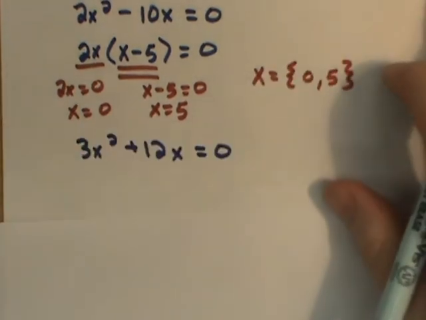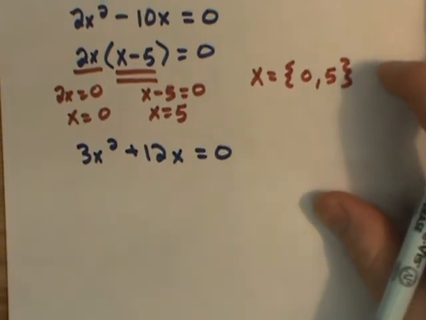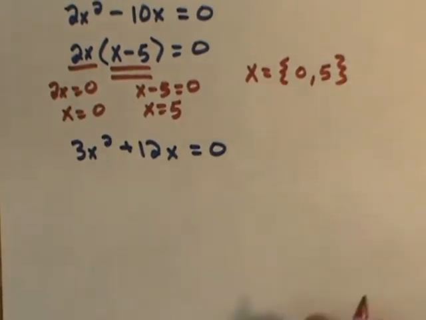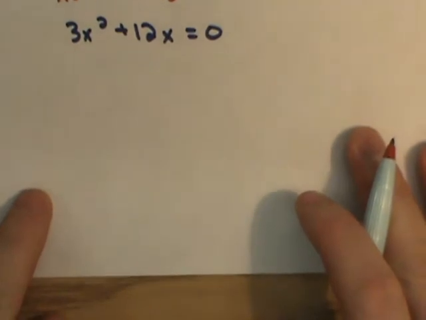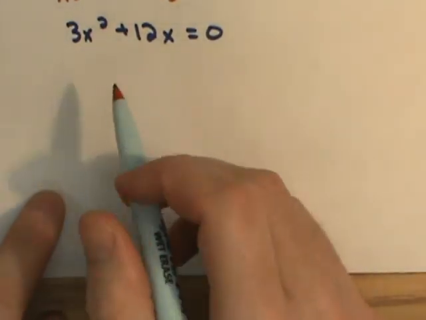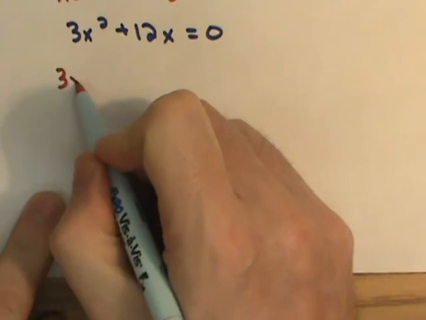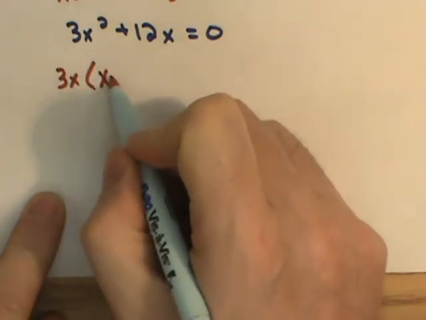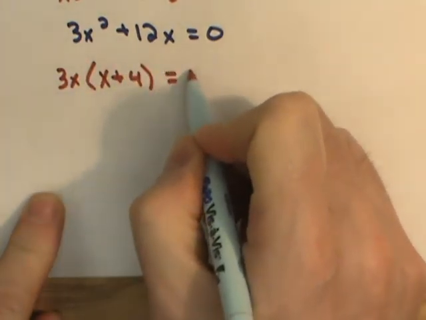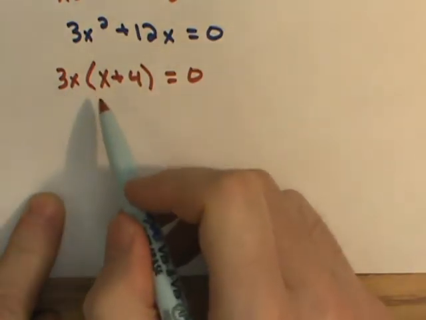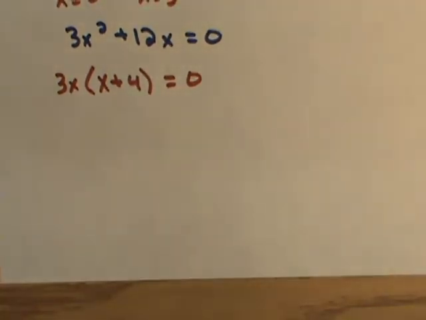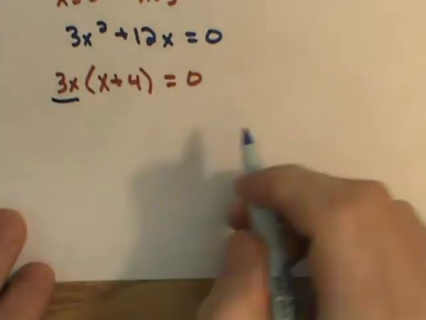And we'll do another one of these. In this example, we have 3x squared plus 12x equaling 0. So once again, you want to factor it. I can pull a 3x out, and that will leave me with an x plus 4. Every term or every part that has an x is considered a case. So I have two cases here. In case 1, 3x is going to be 0.